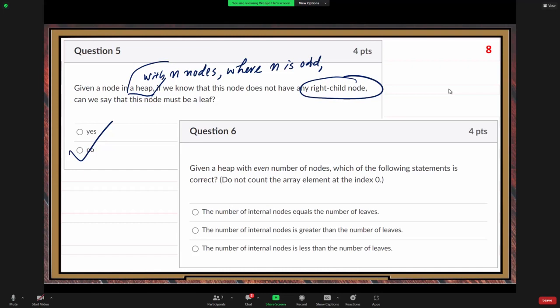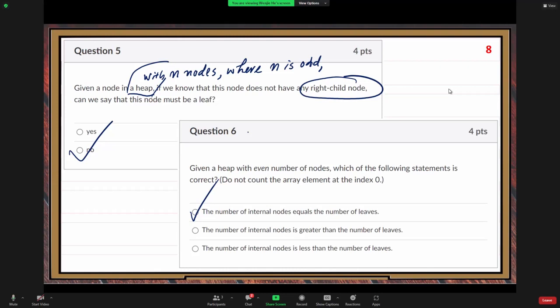Second, the number of internal nodes is greater than the number of leaves. Third, the number of internal nodes is less than the number of leaves. First option. n is even, so we can split right in the middle. Okay?